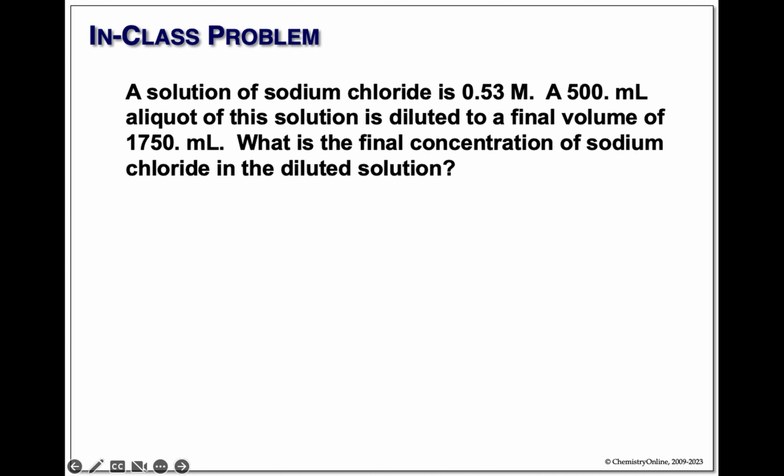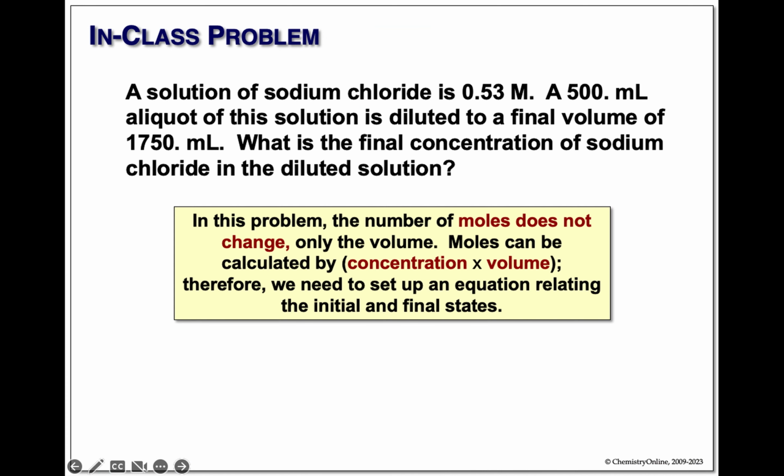Solution of sodium chloride, 0.53 molar. We take 500 mils of it. We dilute it to 1750. What's the final concentration? Moles does not change, only the volume. We will set up concentration times volume initial and final.